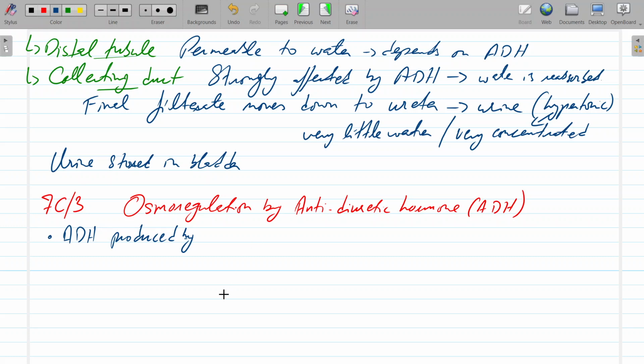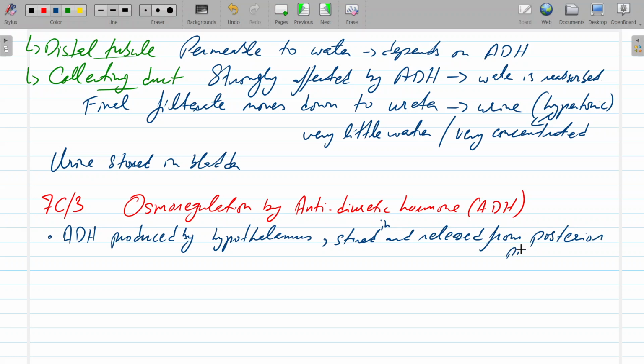Okay. ADH is produced by the hypothalamus and stored in and released from the posterior pituitary gland. You can call it the posterior lobe of the pituitary gland, or you can just call it the posterior pituitary gland.